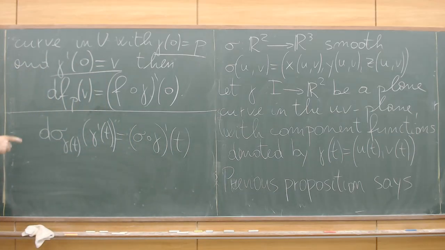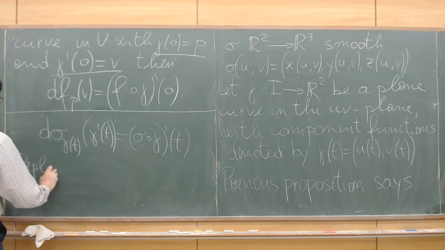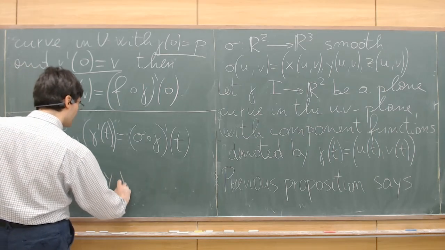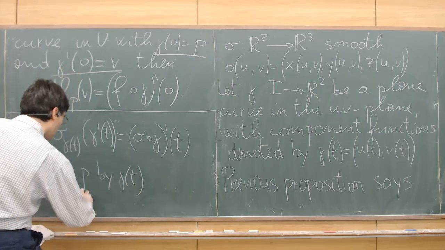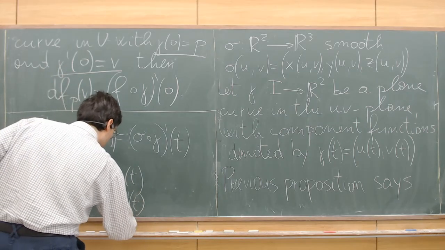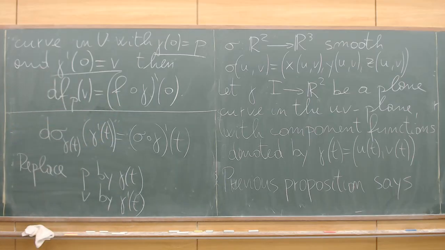How can you get this formula? Just replace p by gamma(t), v by gamma'(t), and 0 by t.